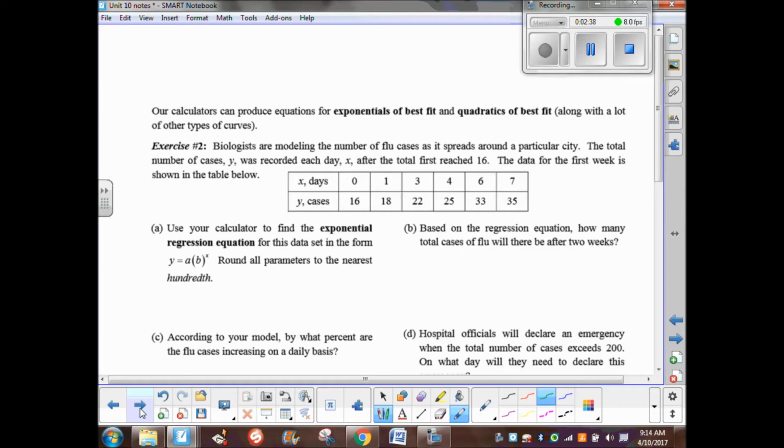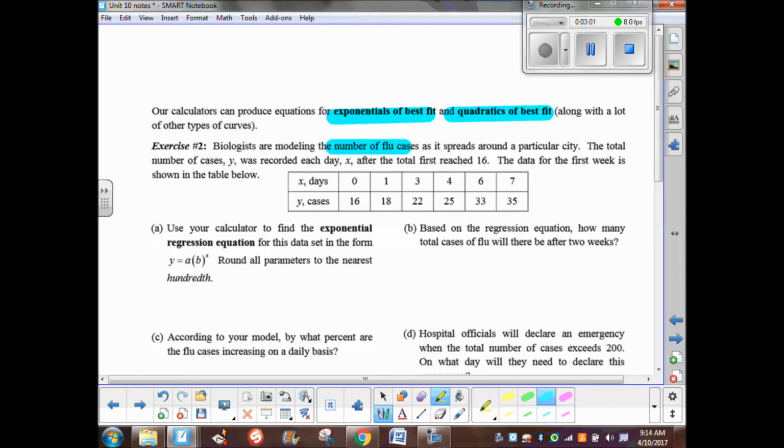It says our calculators can produce the equations of exponentials and quadratics, just like they did with our linear. So we can do the same things that we did with linear with these other 2. It says biologists are modeling the number of flu cases as it spreads around a particular city.